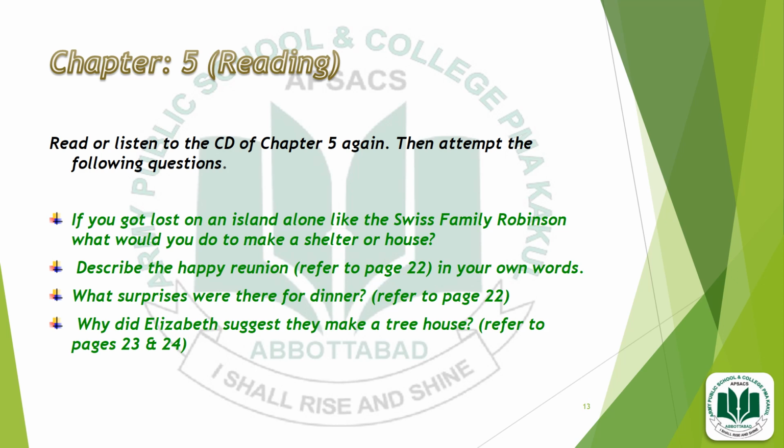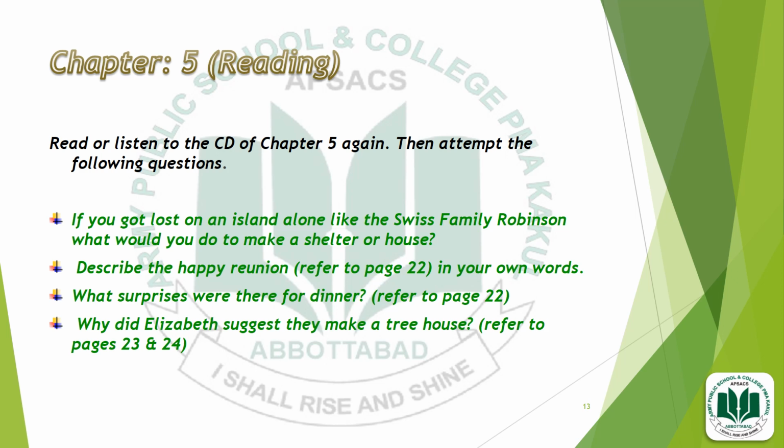Rather, you have to discuss these questions with some of your family members, and this discussion will strengthen your decision-making power. The questions are: if you got lost on an island alone, like the Swiss Family Robinson, what would you do to make a shelter or house?